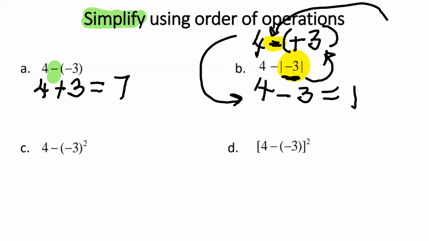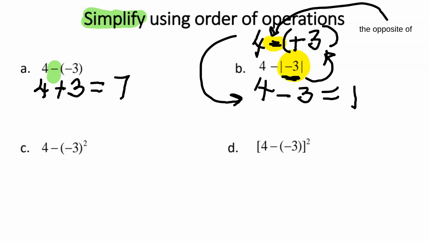This negative sign means, and don't forget, the opposite of. It's coming in front of a parentheses, but the parentheses happens after I take out the -3 from the absolute value bars.